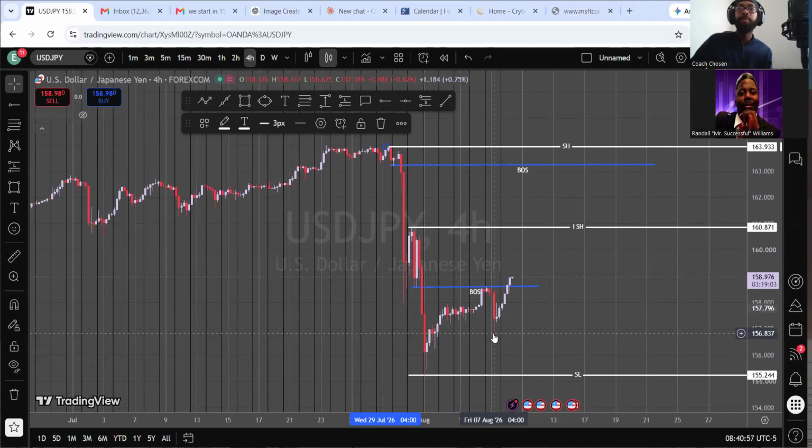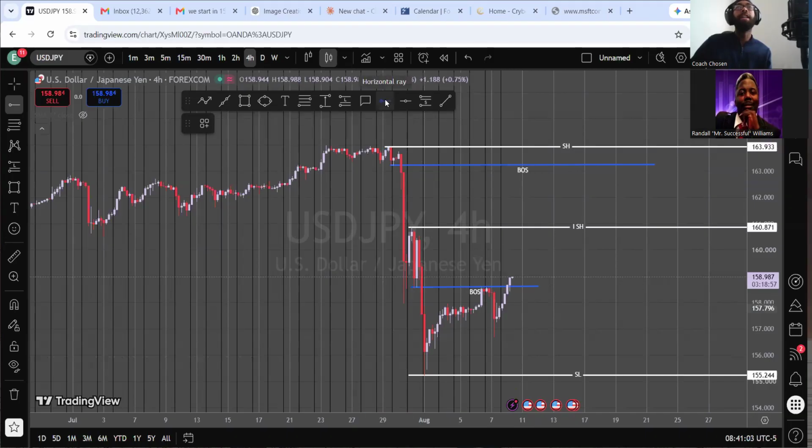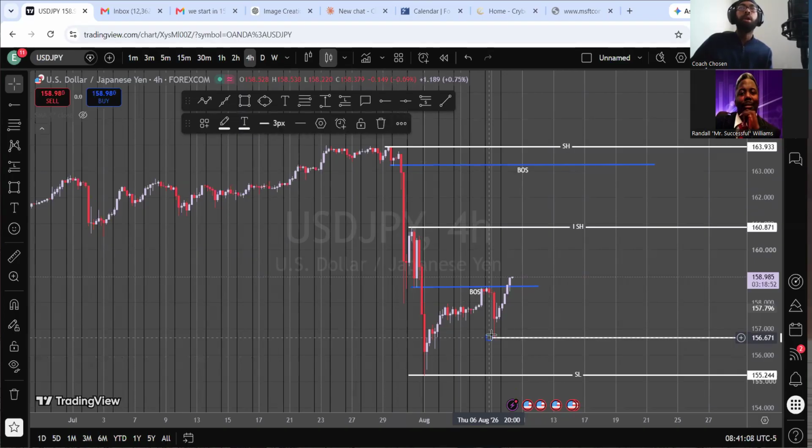But from here, this is an internal swing low. Why? Because this swing low caused this push to break above structure, which also is a change of character. So that's letting us know that the market is now going toward the upside.